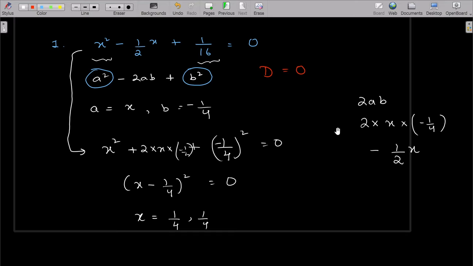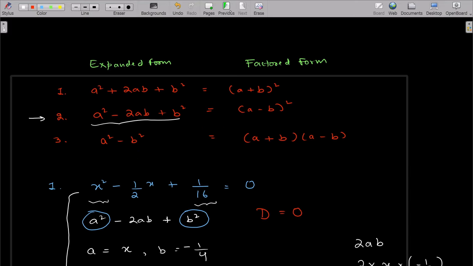Okay, so this was one question. We will do two more. Second, 4x square plus 12x plus 9 is equal to 0.